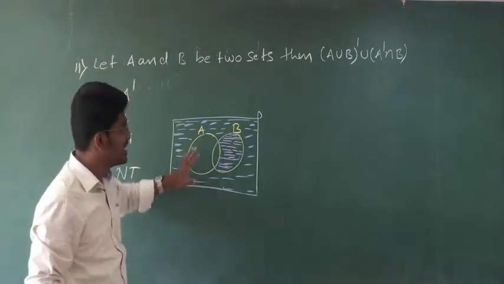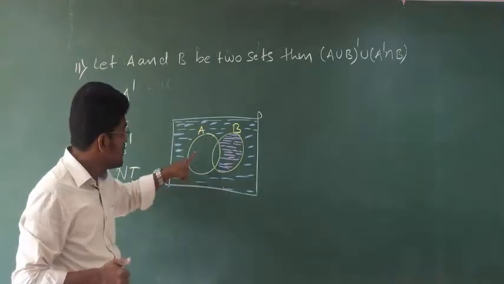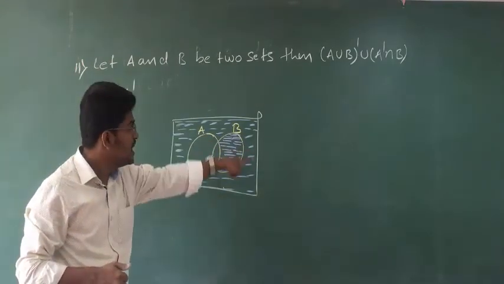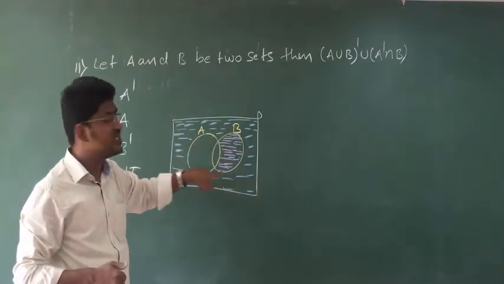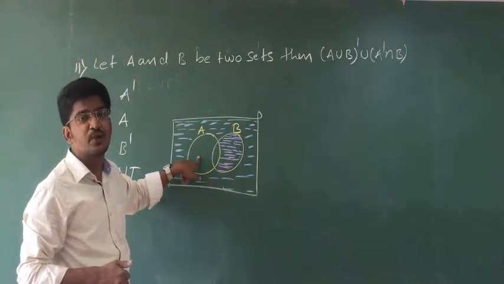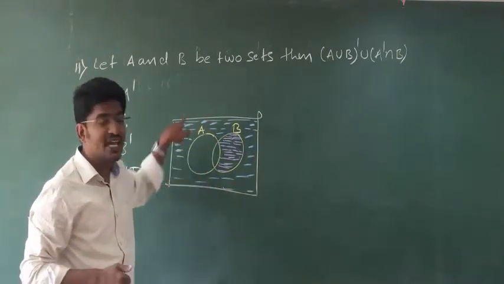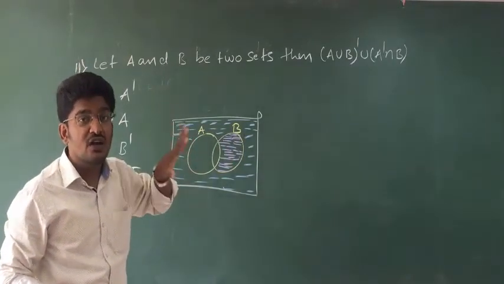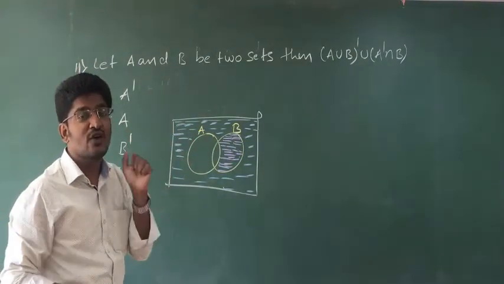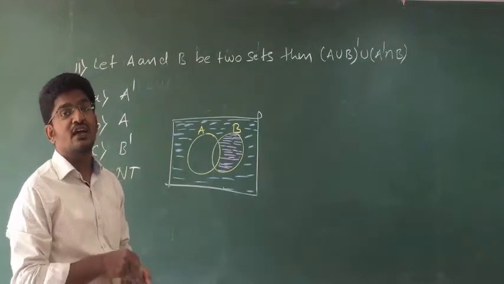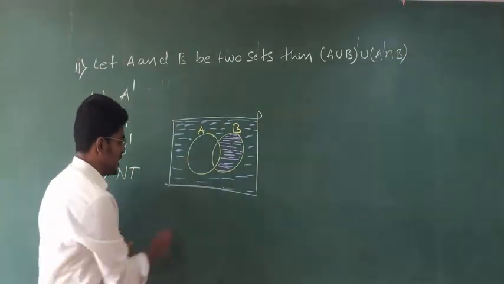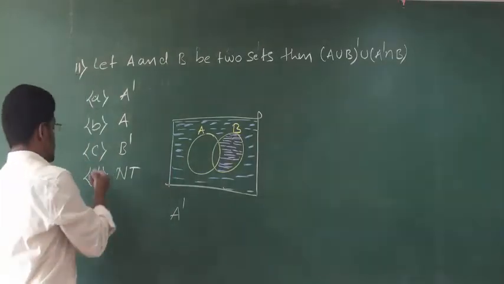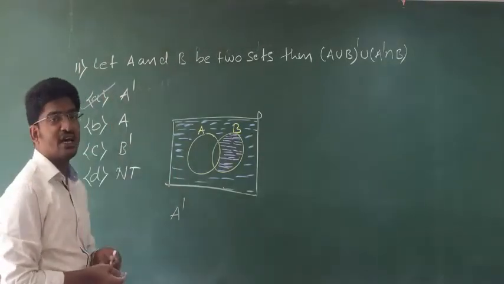Elements which are not in A but in other set. What is the meaning of elements which are not in A? The meaning of elements which are not in A is nothing but A complement. Clear? So A complement will be the correct answer.